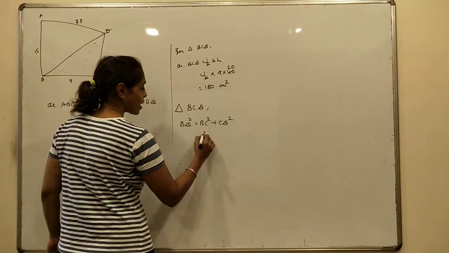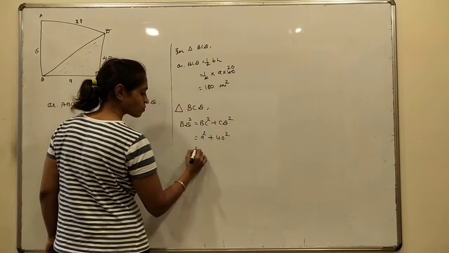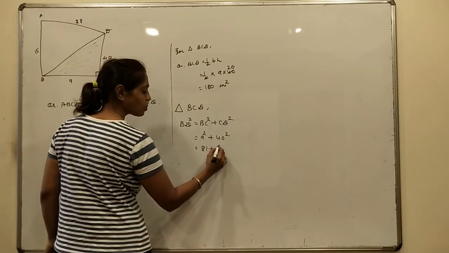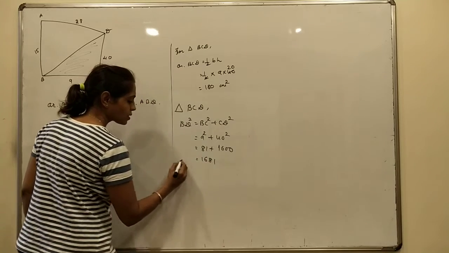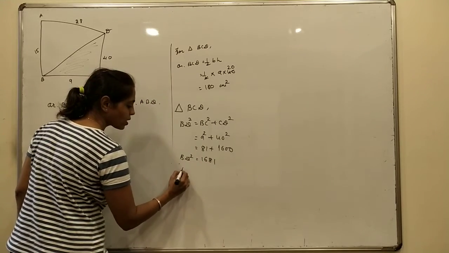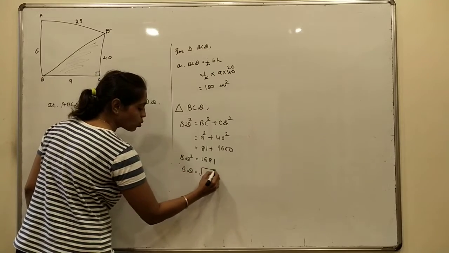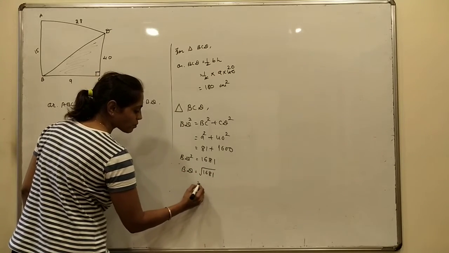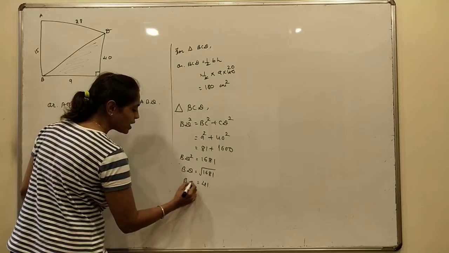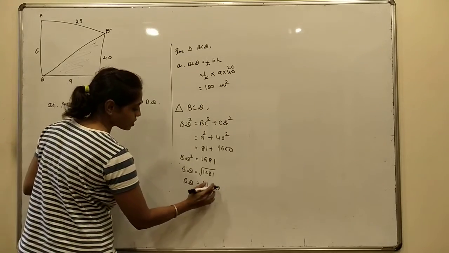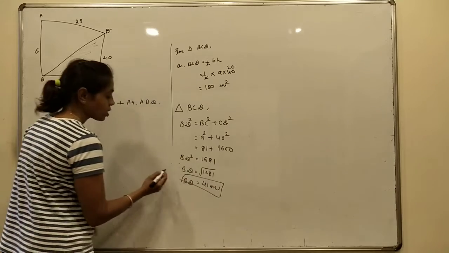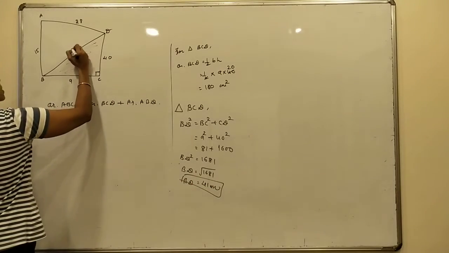That is 9 square plus 40 square, 81 plus 1600, 1681 is BD square. So BD equals root of 1681, which is 41 centimeter.